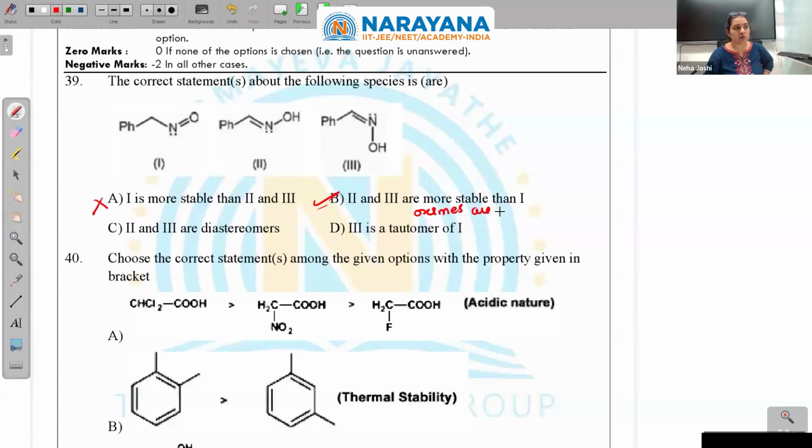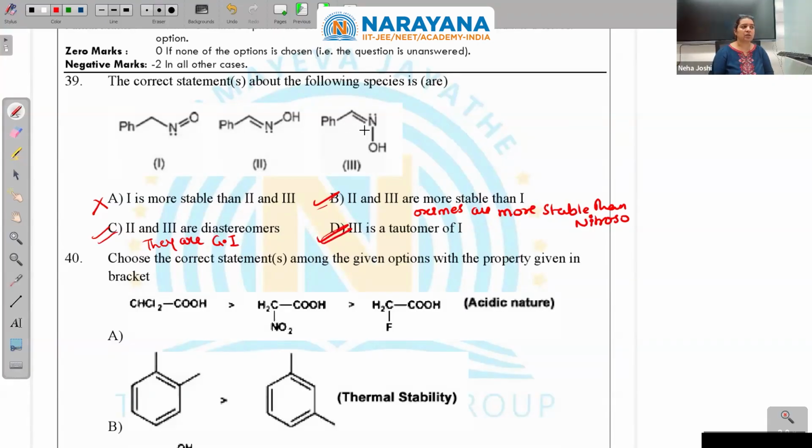Oximes are more stable than nitroso. 2 and 3 are diastereomers, yes, because they are geometrical isomers, so they should be diastereomers. 3 is a tautomer of 1, that is also true.